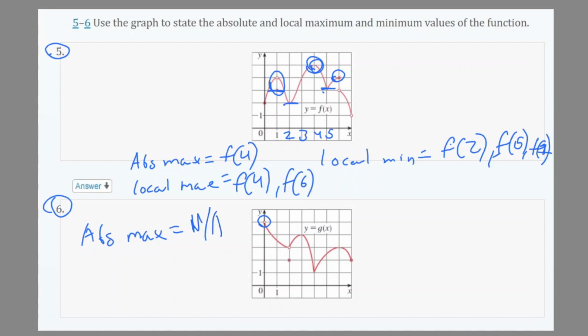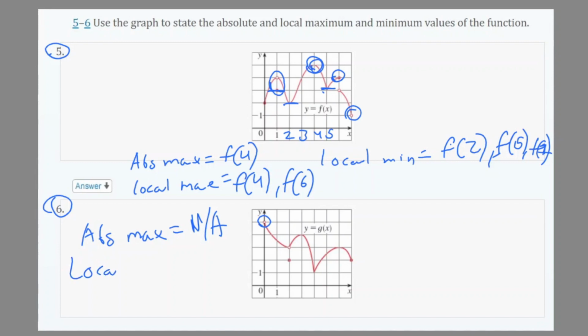So we could just put no answer. And same thing for number 5 as well. The absolute minimum would be this point right here, but it's not defined, even though it could be a limit that exists. So that's why the absolute minimum did not exist in number 5. And the opposite is the case in number 6.